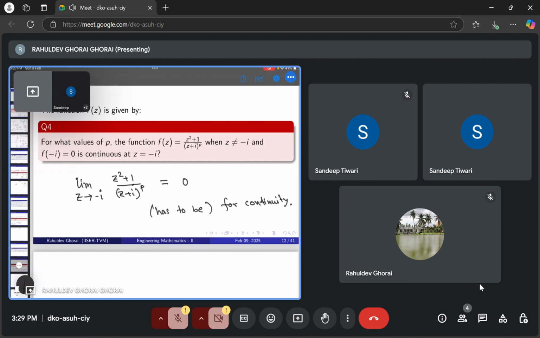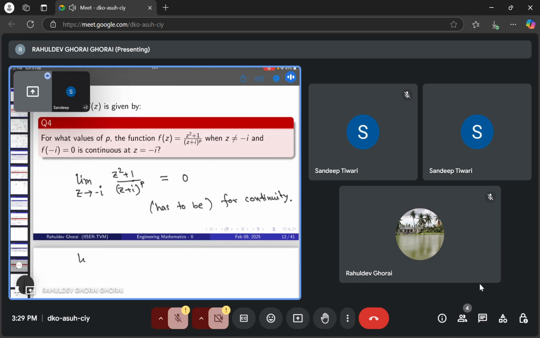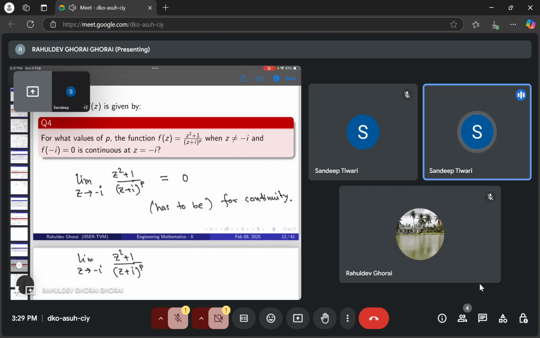Continuity, right? So now let's evaluate what this is, because when you evaluate you will get (z plus i) to the power p. Sir, in order to get this limit equal to 0, if the denominator comes up, then it will be 0.